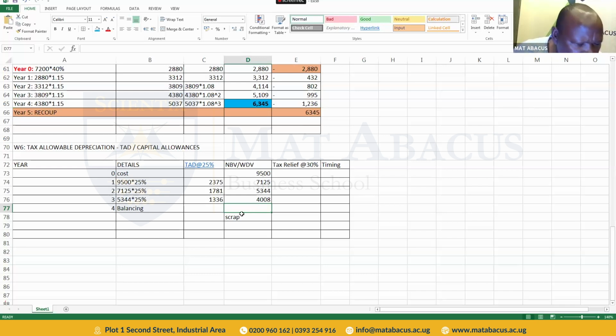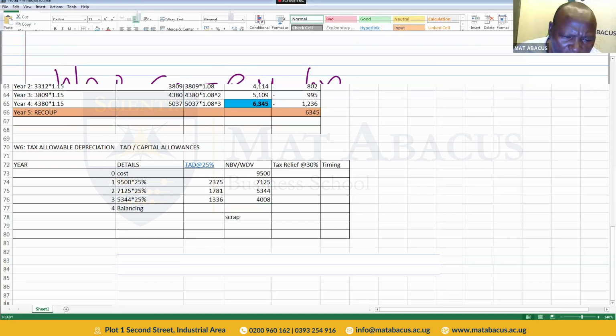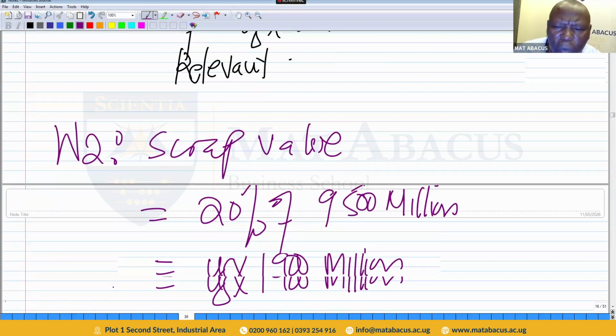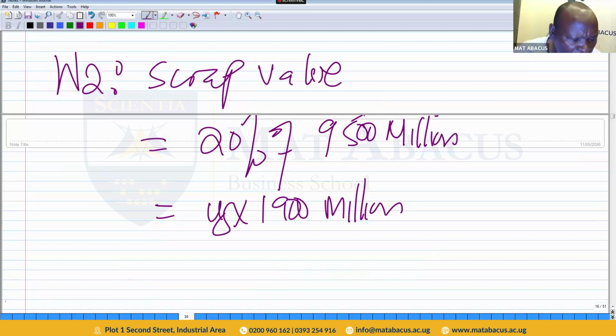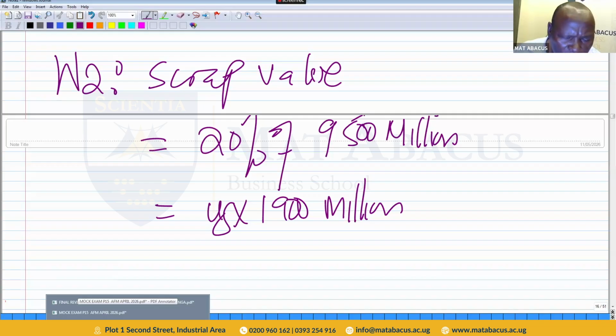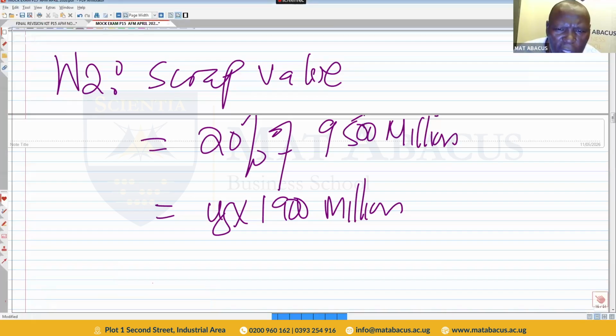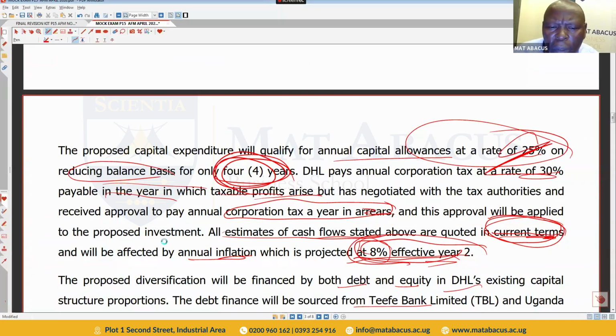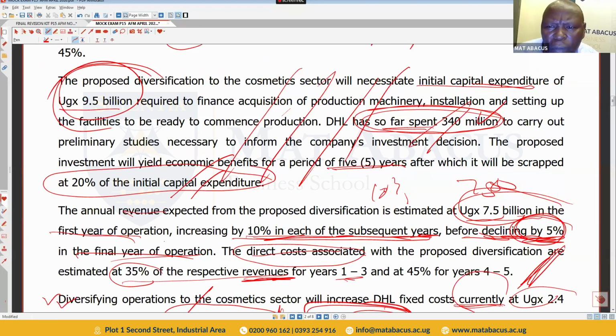We had the working for scrap. Scrap was 1,900. So we bring our scrap. Let us go back. In which year is the scrap? Let us check the question.